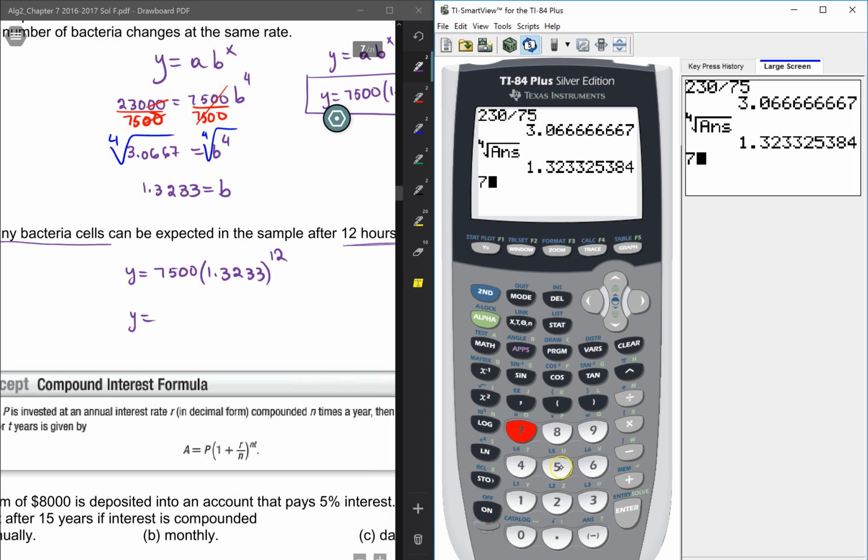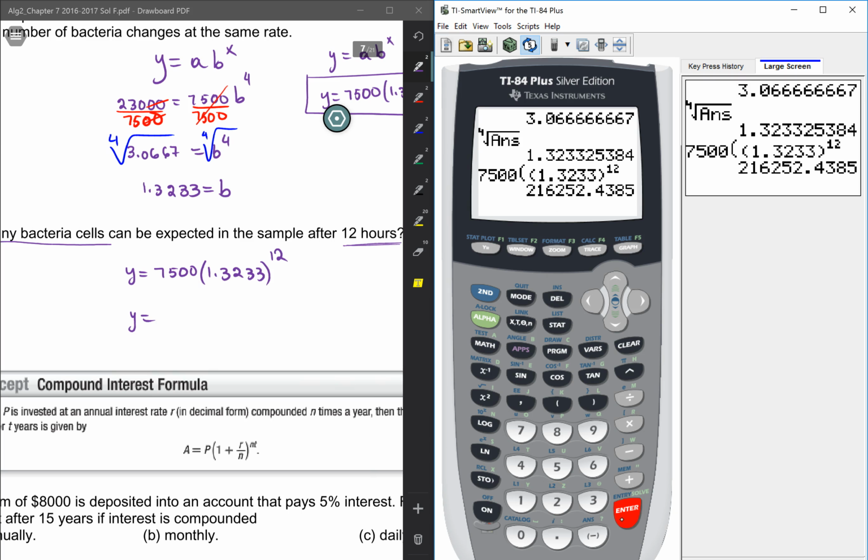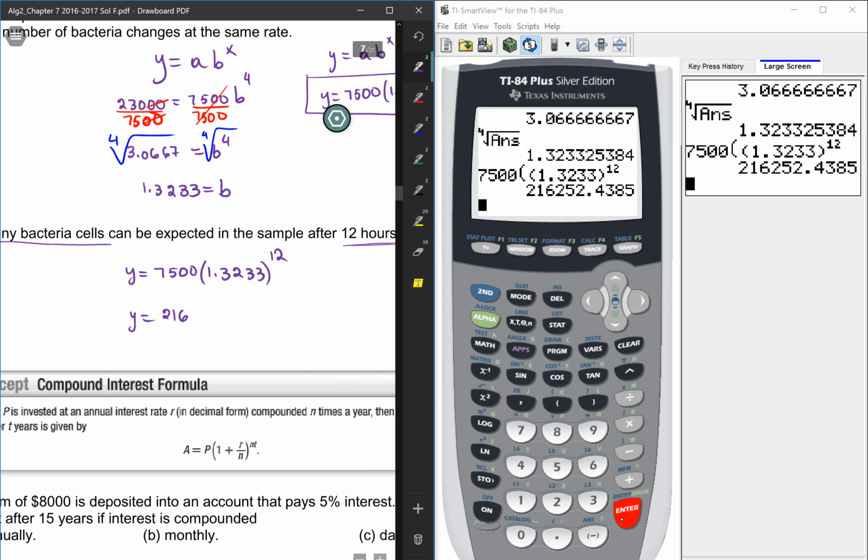So this is 7,500 times 1.3233 to the power of 12. Enter. Okay, here we go. So this is 216,252.